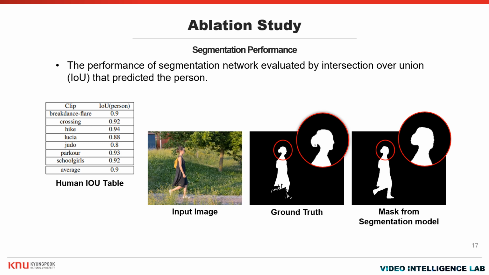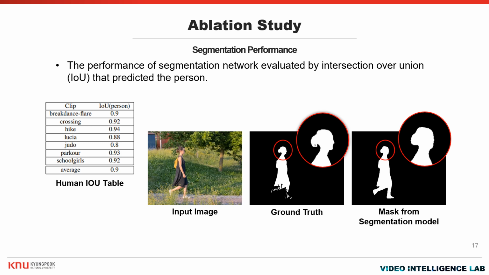inpainting performance. The table shows the performance of the segmentation network evaluated by intersection over union, which predicted the person from the clips of the DAVIS dataset that we have used. Although it has a high value, it is hard to say that it has been precisely predicted.